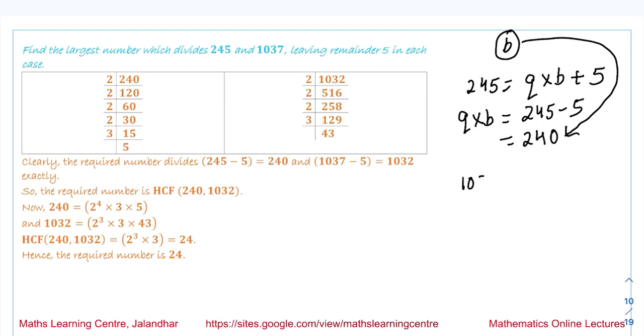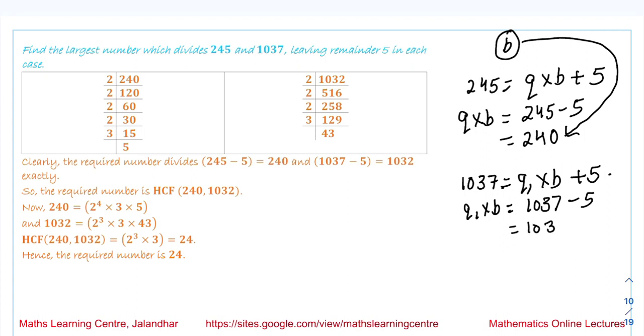Similarly, 1037 will be equal to some other quotient Q1 into B, where B is the same number we are talking about, and the remainder that is left is 5. So Q1 into B is equal to 1037 minus 5, that is equal to 1032. It means this number B will completely divide 1032.